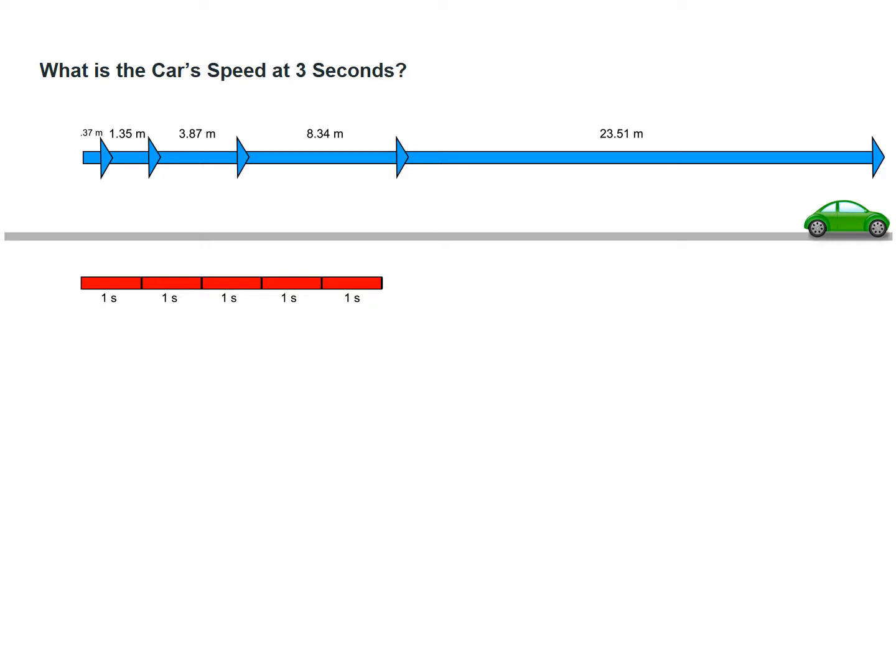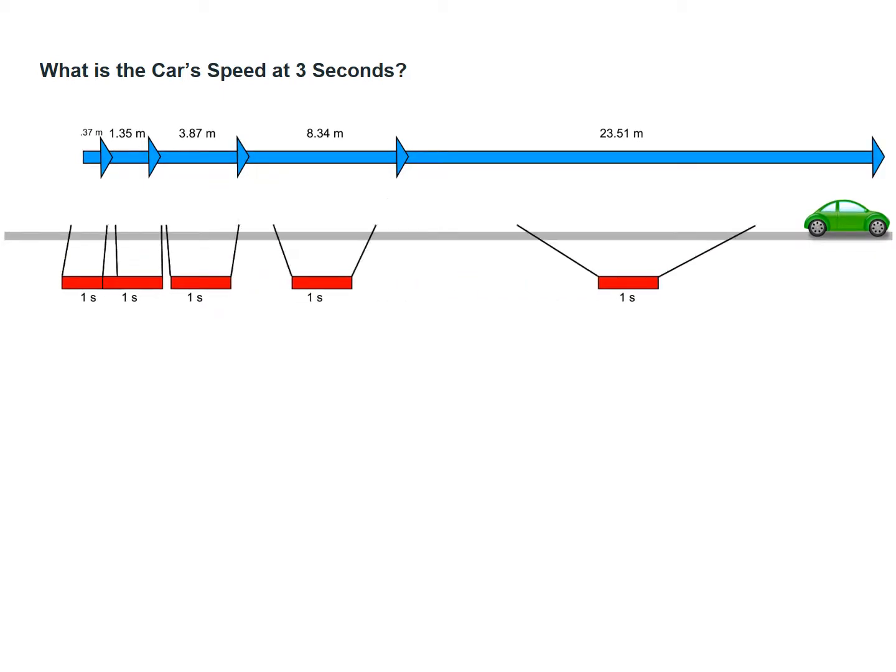Each time interval has an amount of change in time, in this case 1 second. Also, each distance interval has an amount of change in distance. In this case, all of the distance intervals have different sizes. Now let's think about how these time intervals compare to their corresponding distance intervals. The black lines indicate how each distance interval corresponds to a time interval.